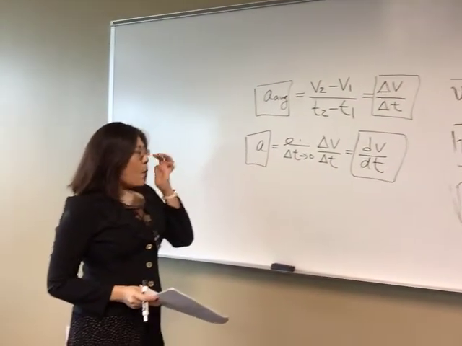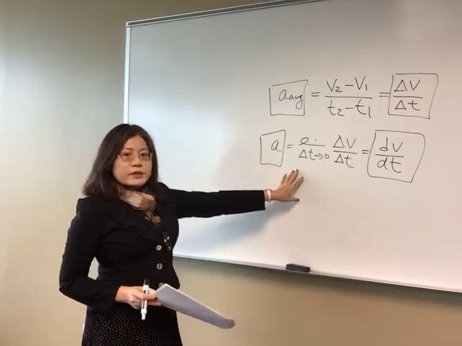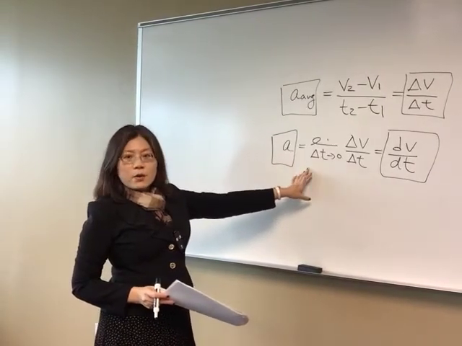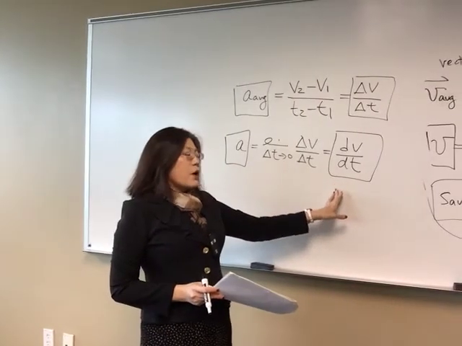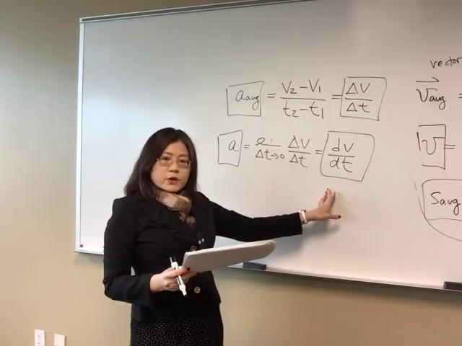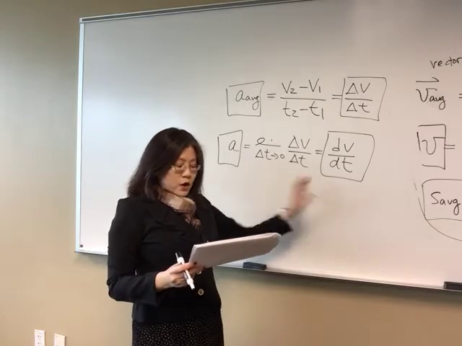So what can we make out of this? Basically, acceleration is the time rate of change of velocity, and it is the derivative of the velocity with respect to time.